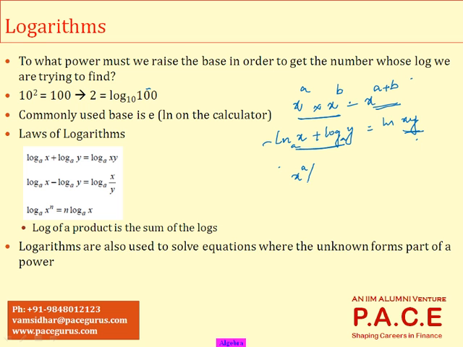Similarly, x power a divided by x power b is x power a minus b. The same thing in the logarithm world is log x minus log y, which is log of x by y. So whatever is in the division form in the index gets translated into the subtraction form, and whatever is in the subtraction form gets translated into the division form.